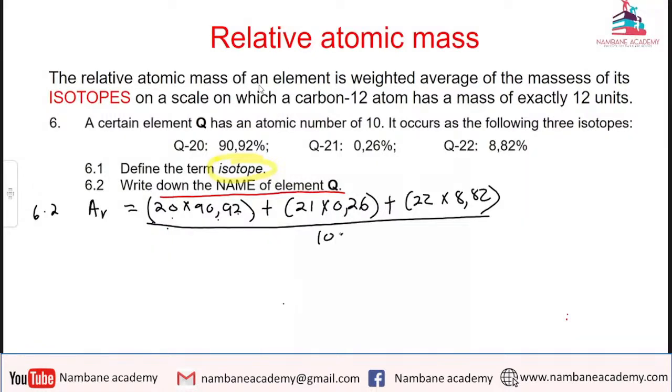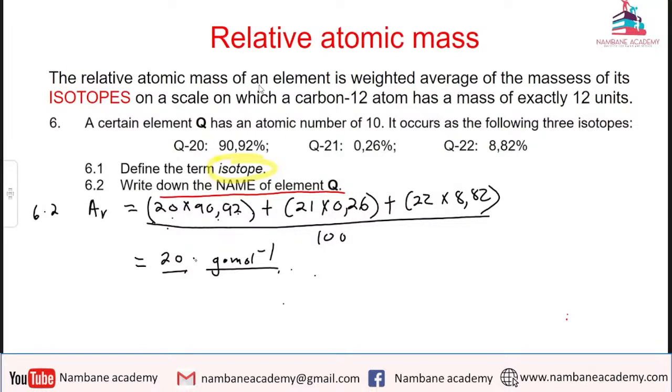This will give you something like 20,1, 20,2 grams per mole. The SI unit is very, very important, ladies and gentlemen. Let's not forget the SI unit.